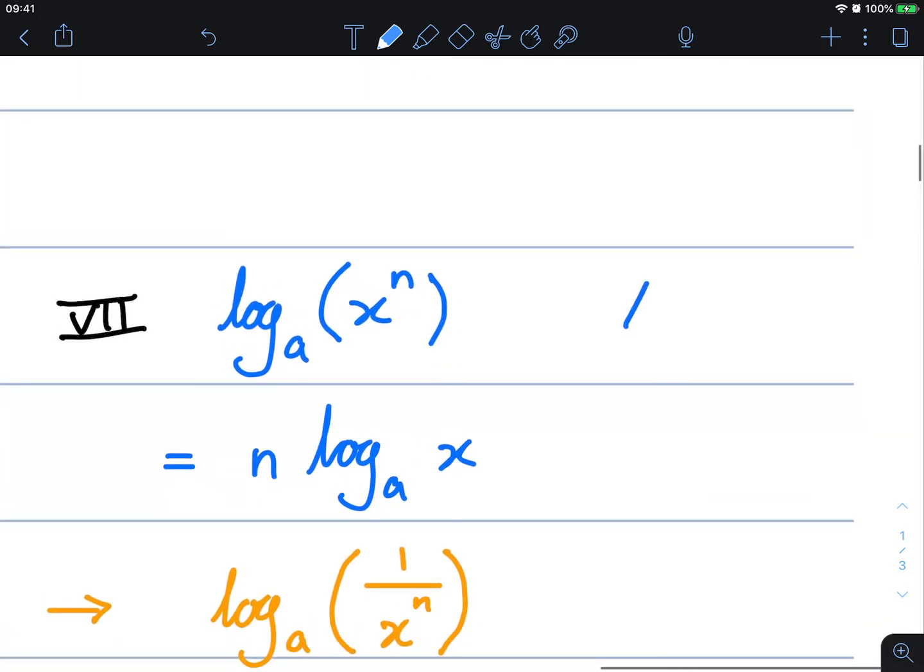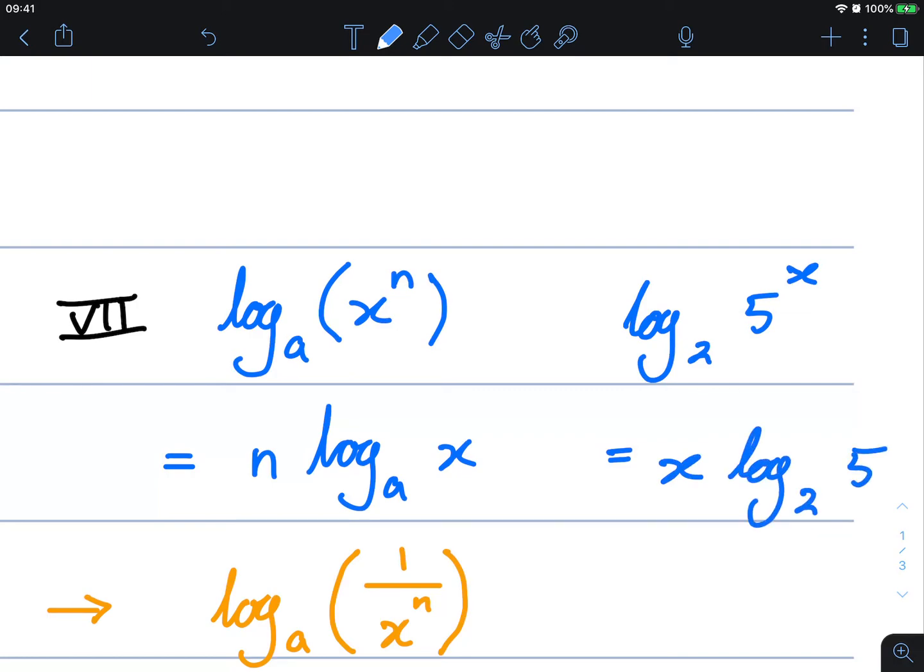Let's say we had log base 2 of 5 to the power of x. Now remember, it's 5 that has the power. So this becomes x on the outside, x log base 2 of 5. Hopefully that clears it up for you.